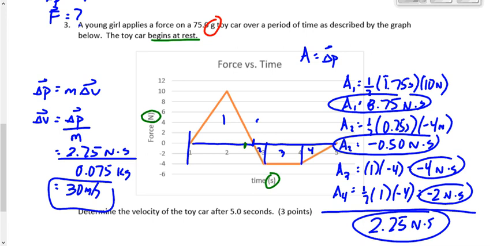But you know what my original answer was? My original answer was 97 meters per second. And to be honest, that's what actually caused me to go back and check and catch my mistake right here. I had originally said 2.75 seconds there. And 30 meters per second is still probably unrealistic, right?